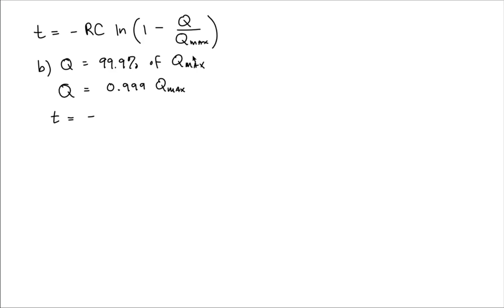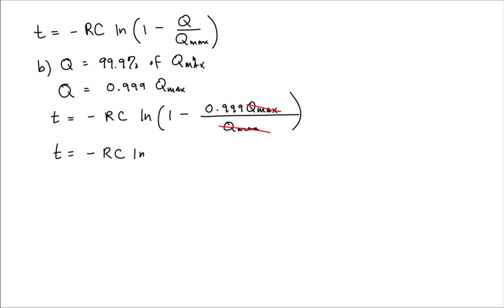So the time is equal to minus the product of the resistance and capacitance times the natural log of 1 minus 0.999 Q max over Q max. So the charge at maximum capacity in the numerator and denominator cancels, and we have then t is equal to minus RC times the natural log of 0.001.